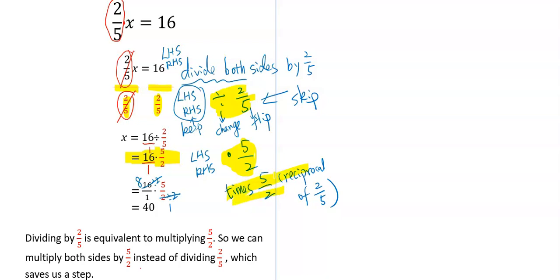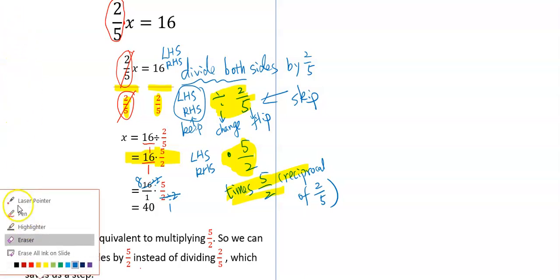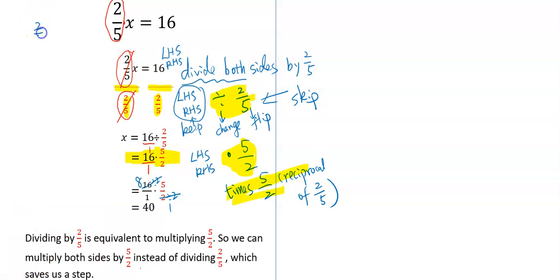So when we try to get rid of a fraction, instead of dividing by it, we can choose to take a shortcut by multiplying by the reciprocal. So I'm going to write down the quick way here. The original problem was 2/5 x equals 16.